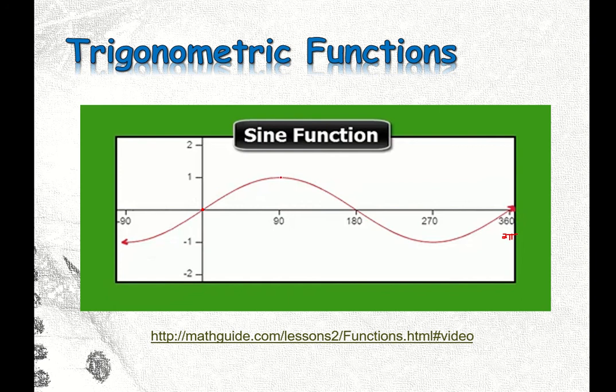At a quarter of a cycle, it reaches a maximum of 1. Then it goes down again and back to 0 at 180, which is a half cycle. Then it goes in the opposite direction, and reaches the maximum negative at 270 degrees.